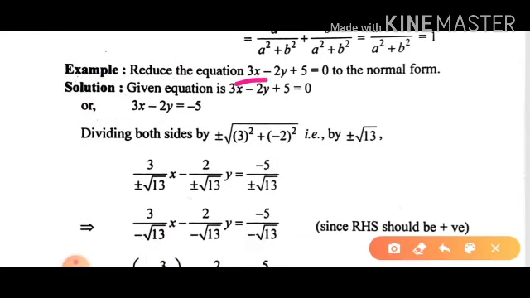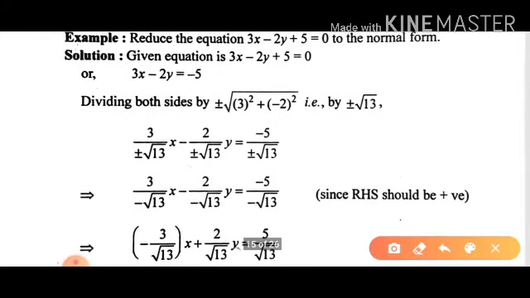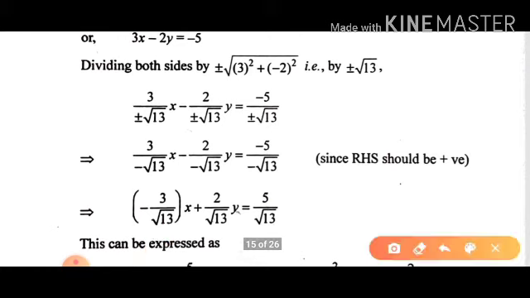See, 3x minus 2y plus 5, this 5 is transposed, and then a square plus b square means a is this one and b is this one. So what do you get? Plus minus root 13. Now if you look at here, this c was negative, so this entire part is negative.